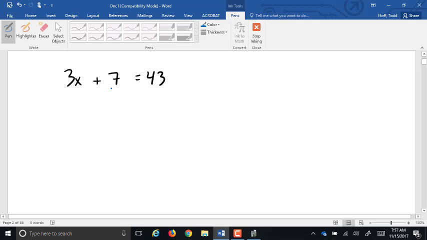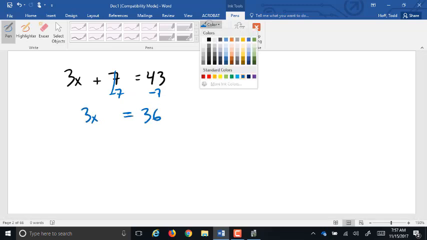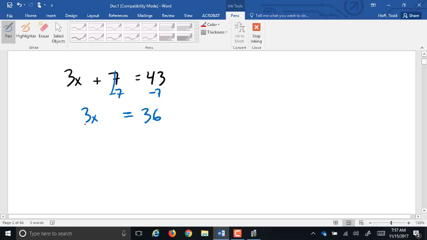What did we do first? Subtract 7. So we get that 3x equals 36. And then our last step is to divide by 3. Good. So we get x equals 12.